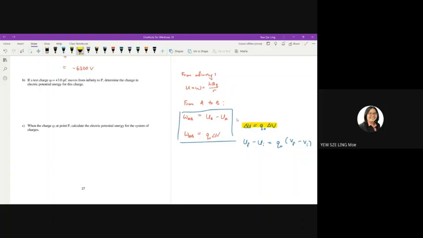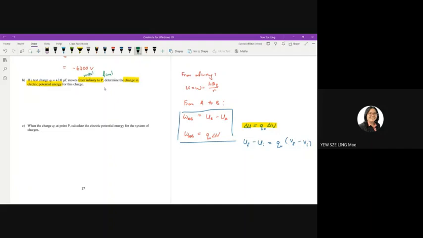So now let us try to use these equations in question B. How are we going to apply this relationship? According to question B, you want to look at the change in potential energy from infinity to P, meaning that P is your final position and infinity is your initial position.